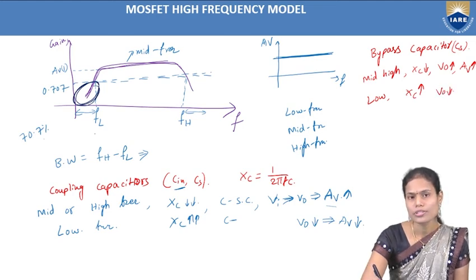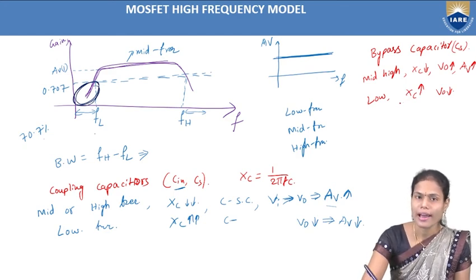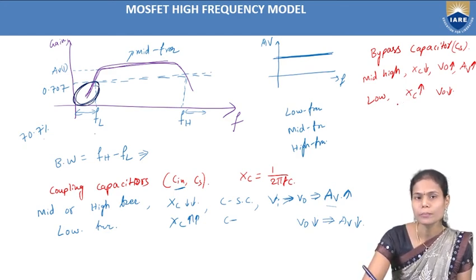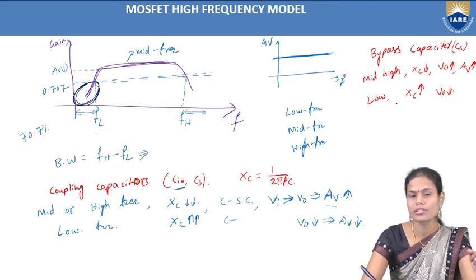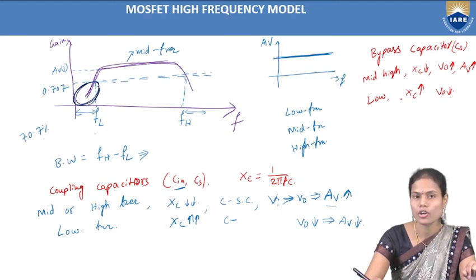Why is the output voltage decreasing here? Because this coupling capacitor acts like a parallel combination to the coupling resistor present at the source terminal. So the source resistance as well as the source capacitor act like a parallel combination.